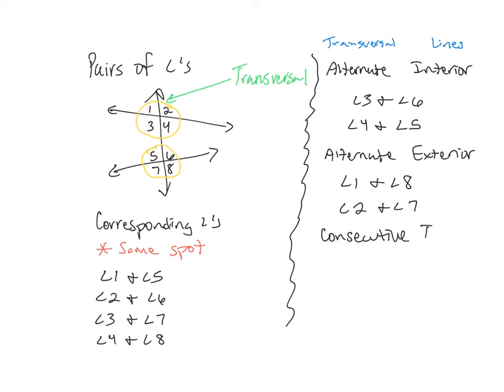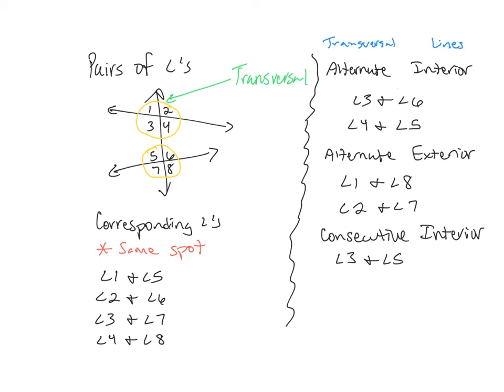consecutive interior. So consecutive is like in order, and they're on the inside because it's interior. So angle 3 and angle 5. They're not alternate, so they're not on the opposite side.